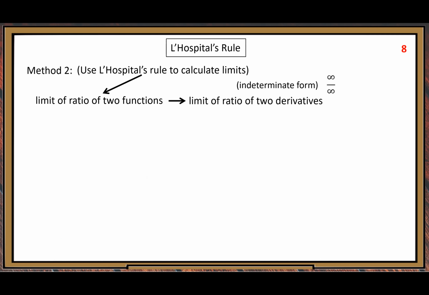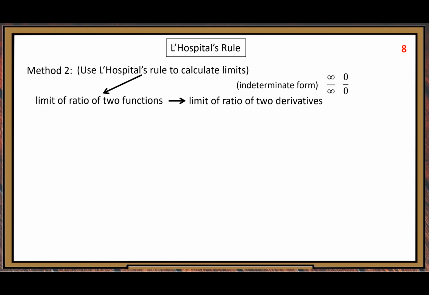It's indeterminate because the ratio could be anything. It's not determined. It could be zero, could be a constant, could be infinity, could be anything. So we call it an indeterminate form.